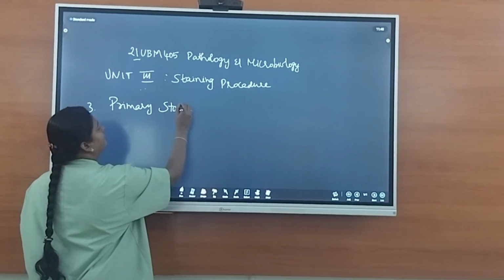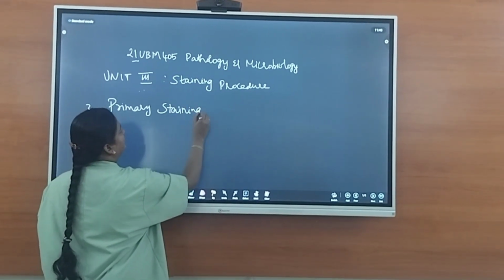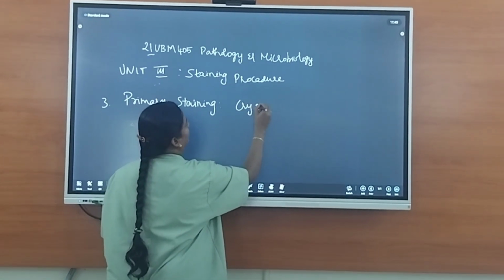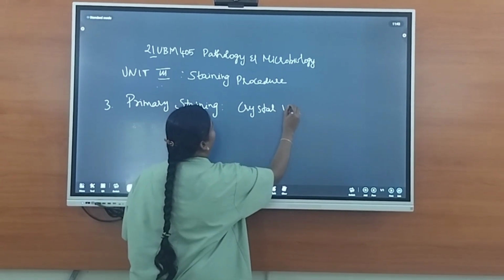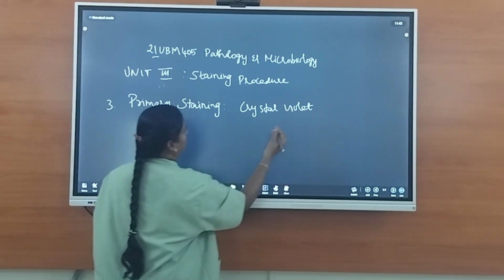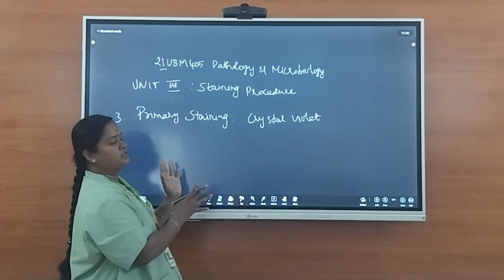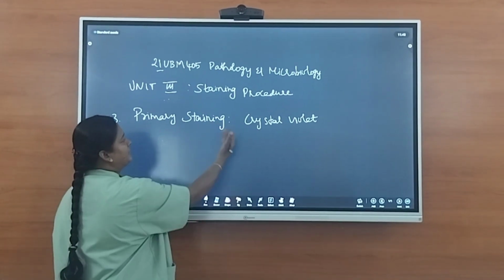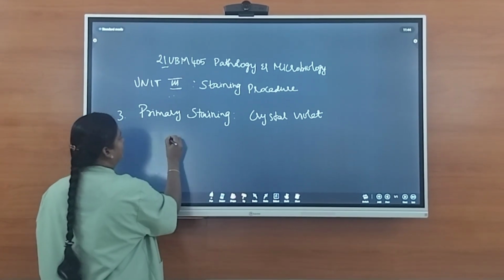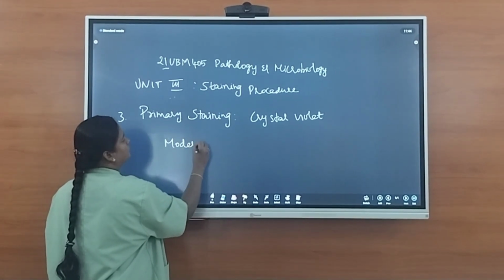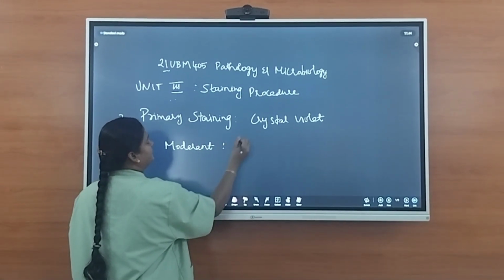The third step is primary staining, so we are adding crystal violet on the slide. We know the principle: if it is positive, it takes up the crystal violet. Then a mordant, which is used to fix the stain.